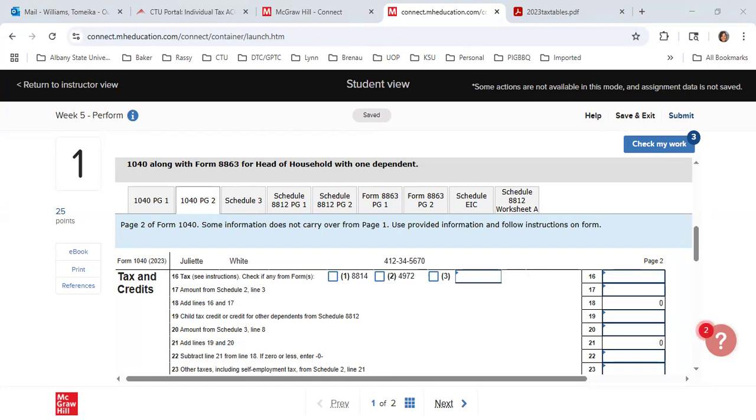It says skip 4A and 4B if you were born after 2004. Is that what you're stating? Where are you reading that?